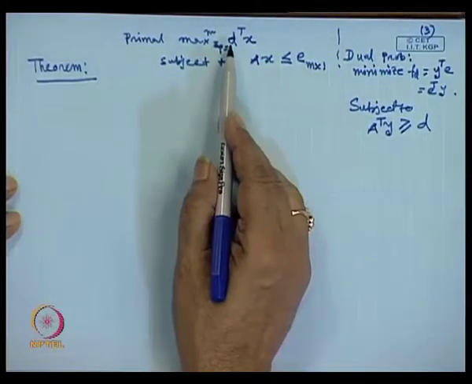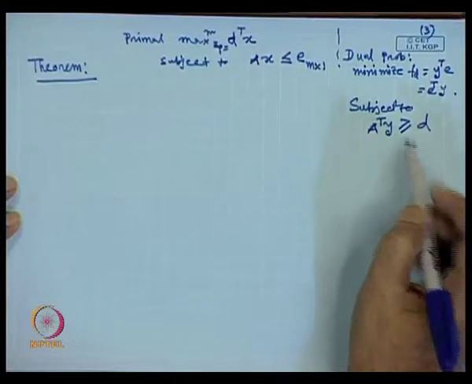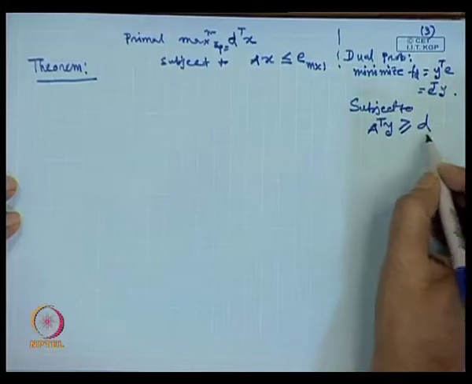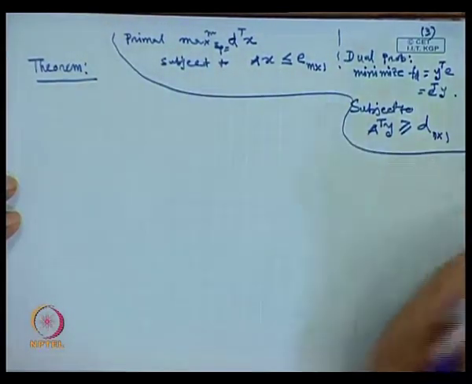Whatever coefficients come in the objective function of the primal problem will come as the right hand side of the inequality constraints of the dual problem, with dimension n cross 1. That is our basic statement of the primal and dual problems.